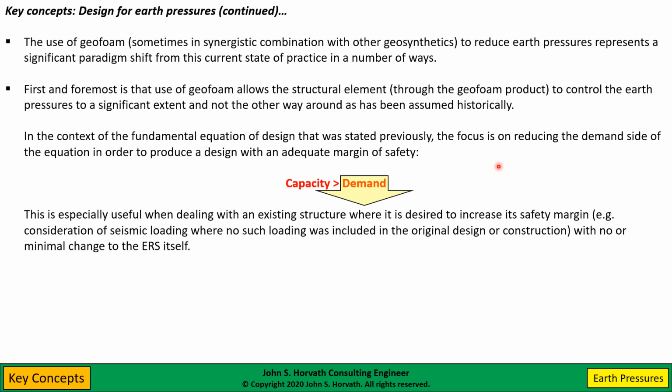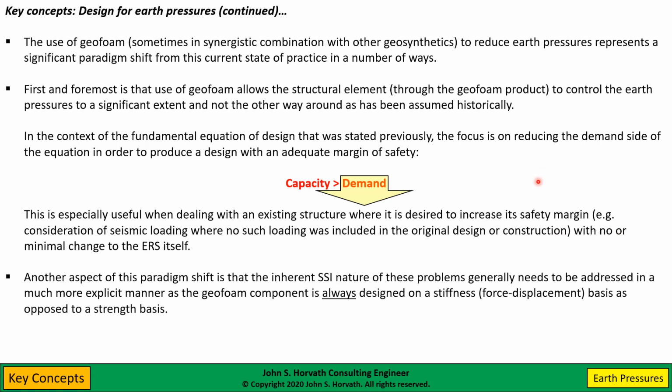And these older structures were never designed with seismic loading in mind. So when we evaluate these existing structures, we're looking to increase the safety margin under not only gravity, but now under seismic loading as well. And as we'll see, by using geofoam, it allows us, in many cases, to satisfy this desired increase in safety margin with little or no change to the earth retaining structure itself.